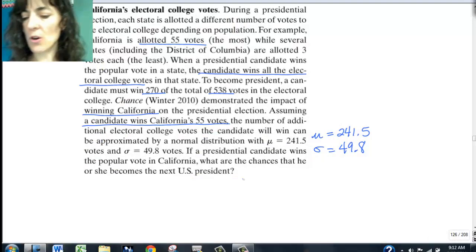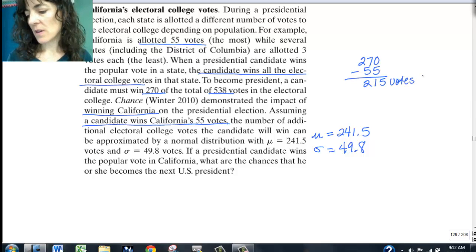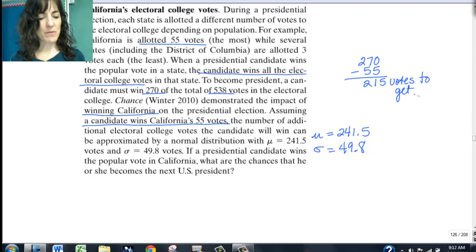So if there are 270 votes that the candidate needs, and they've already won 55 from California, then there are 215 votes to get. They still need 215 votes.